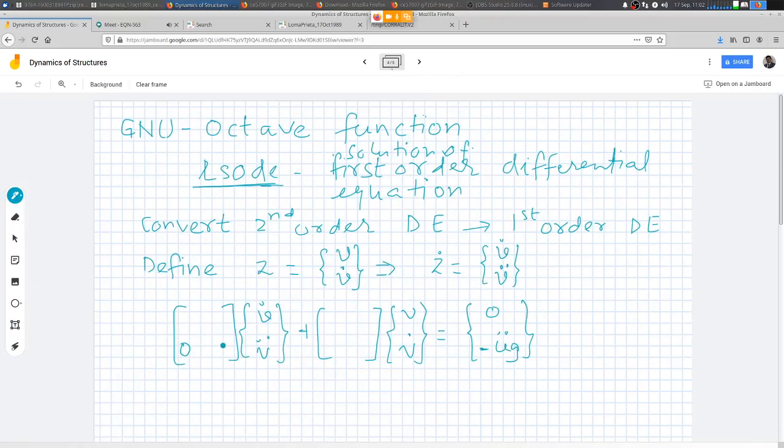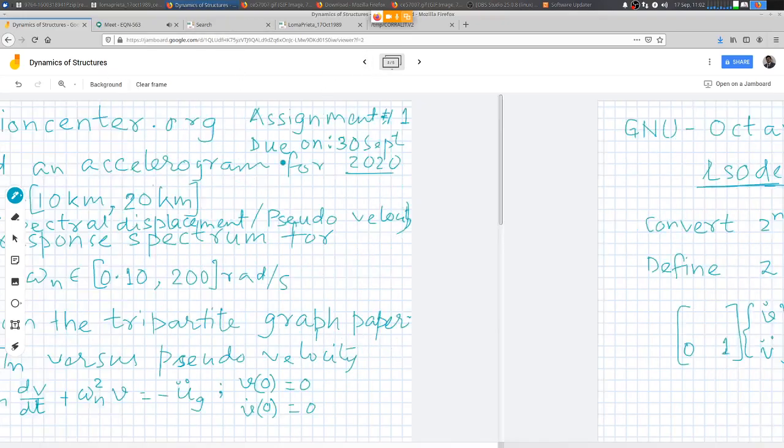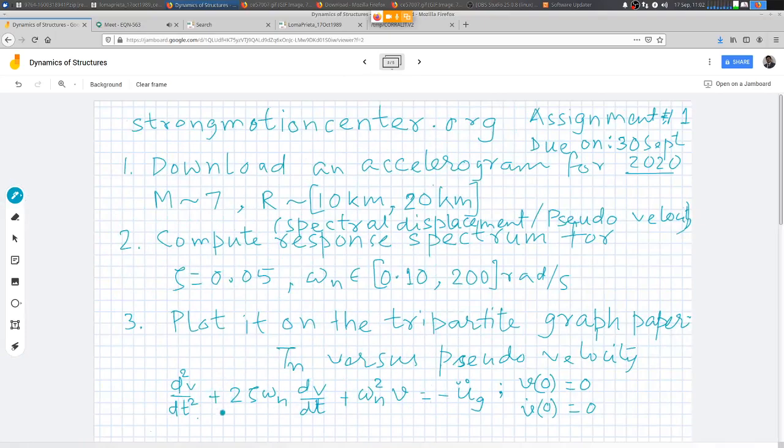So this is what I have: v double dot plus omega n square times v and twice zeta omega n times v dot is equal to ug double dot. That's the original second order differential equation that we had. So that is now the second row of this new equation.